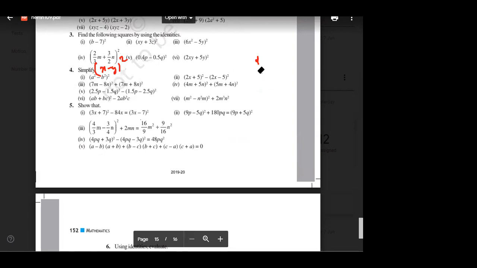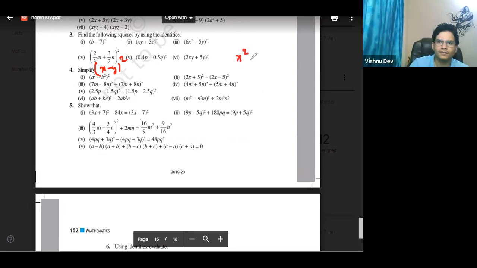Tell me, step by step, everyone. What is (x minus y) whole square? X square plus y square minus 2xy. Yes or no? Ayana, right? Minus 2xy, because it is x minus y.